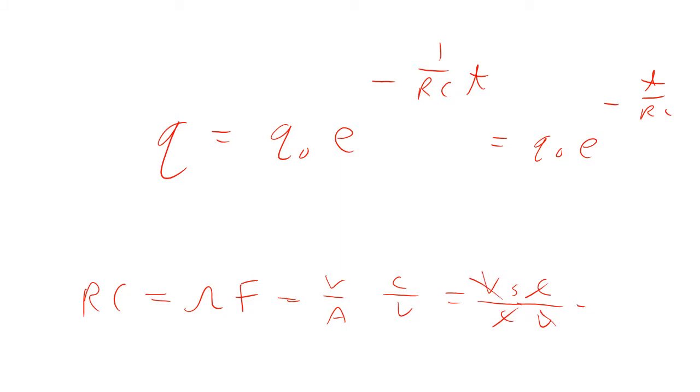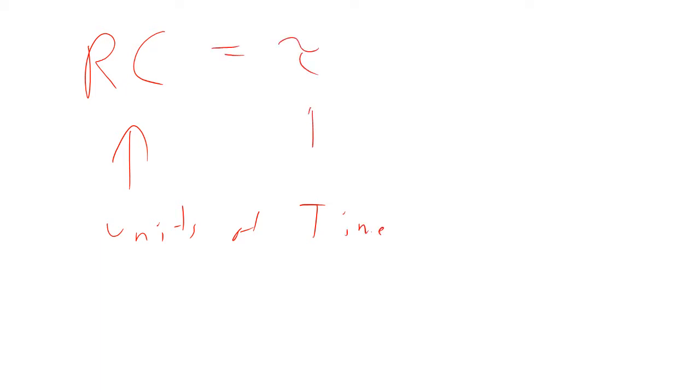Everything cancels, and that's units of seconds. So an ohm farad is just a weird way of writing a second. That means the quantity R times C has units of time, so we often call that a time constant.